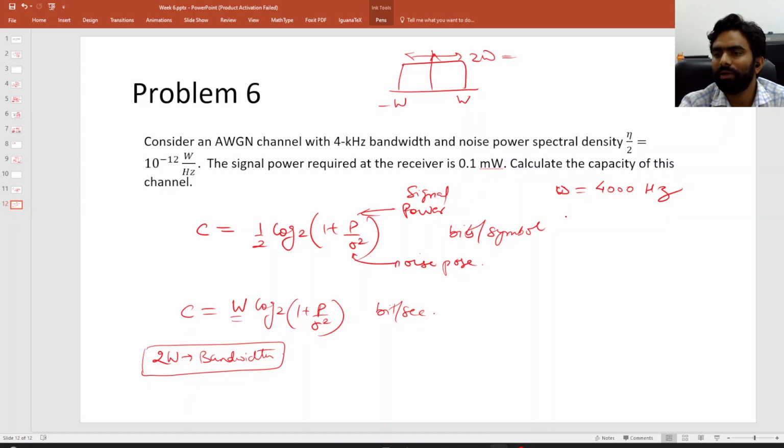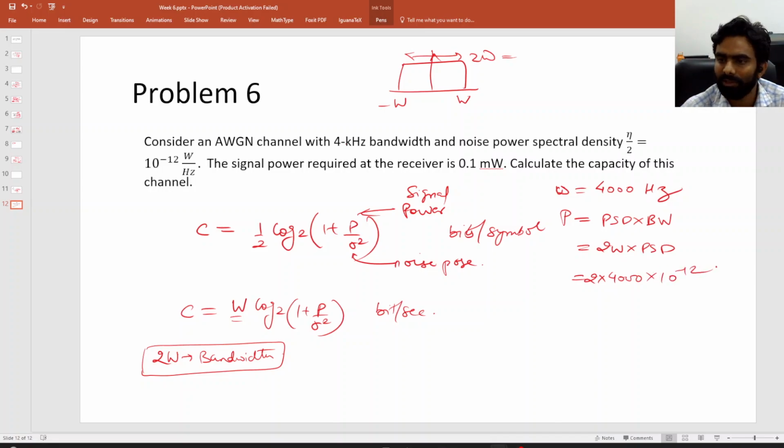Now, to calculate the power using the power spectral density, the total power would be PSD into total bandwidth. That is twice of W into PSD. So it would be 2 times 4000 into 10 raised to power minus 12. Clear? And you know W is 4000 hertz.